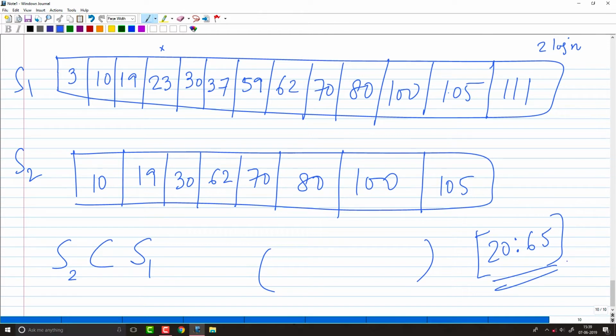Okay. Now, what I do is, for each member in S 1, I keep a pointer to some value in S 2, and what should be that value? It cannot be the same, no, because some members of S 1 might not be present in S 2.